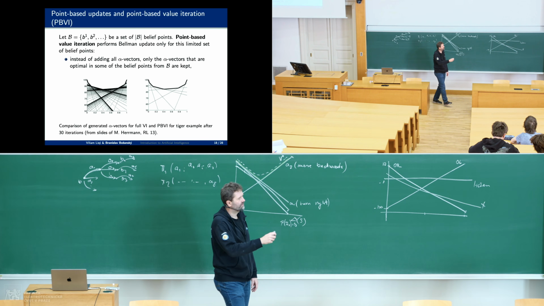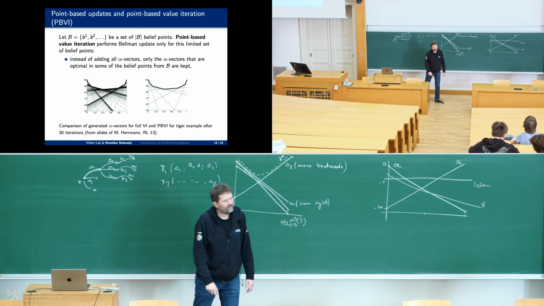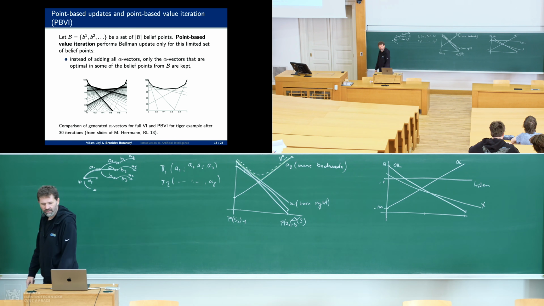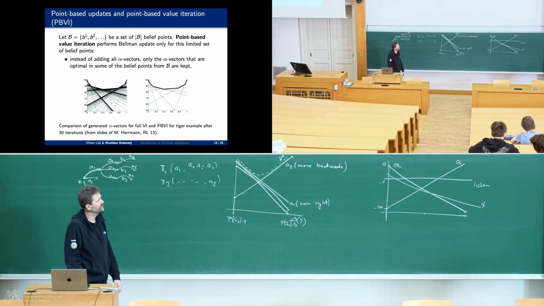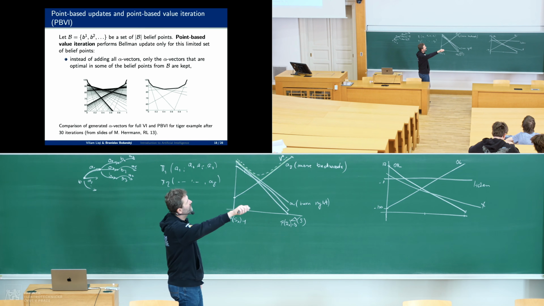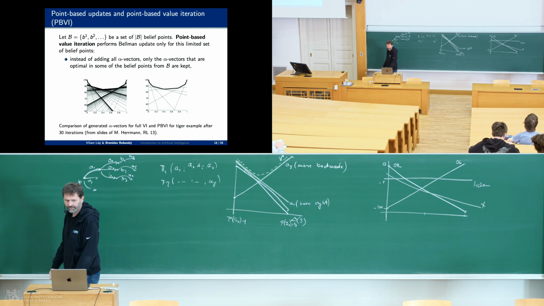So this is a visual comparison of all the alpha vectors that you can get in the tiger example after some number of iterations, and these are all the alpha vectors without point-based value updates. And if we say that, okay, we want to keep only a fraction of this, we can get something that is basically very, very similar, right?